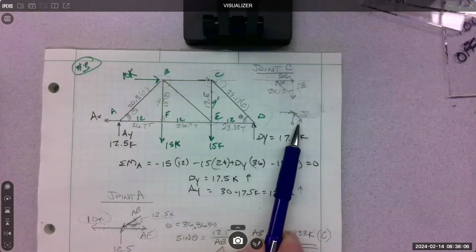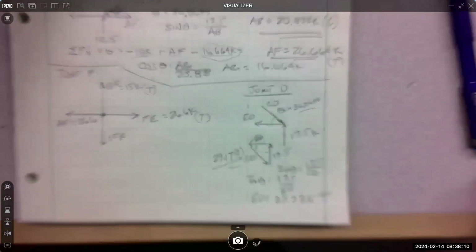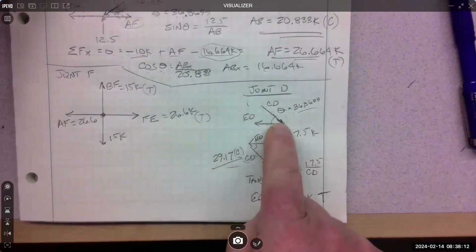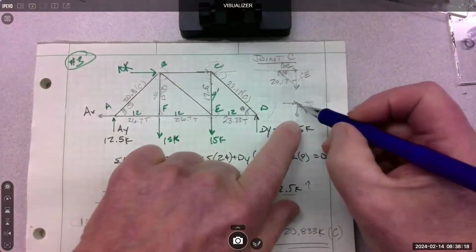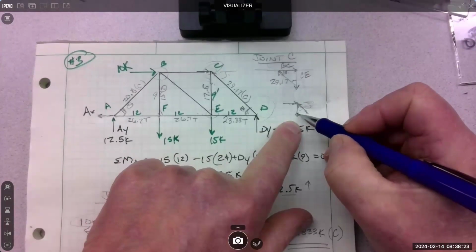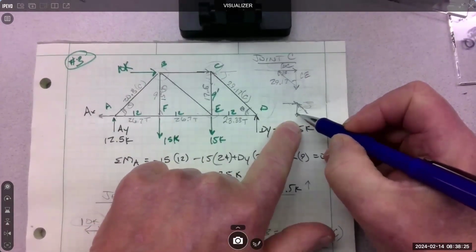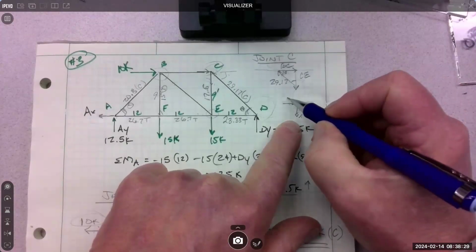So you know that one points in from your D analysis. Let's go to the D analysis. Yeah, that one points into the point. So up here it has to point into the point. If this one has up effect, this one has to have down effect. Tension, compression, compression.